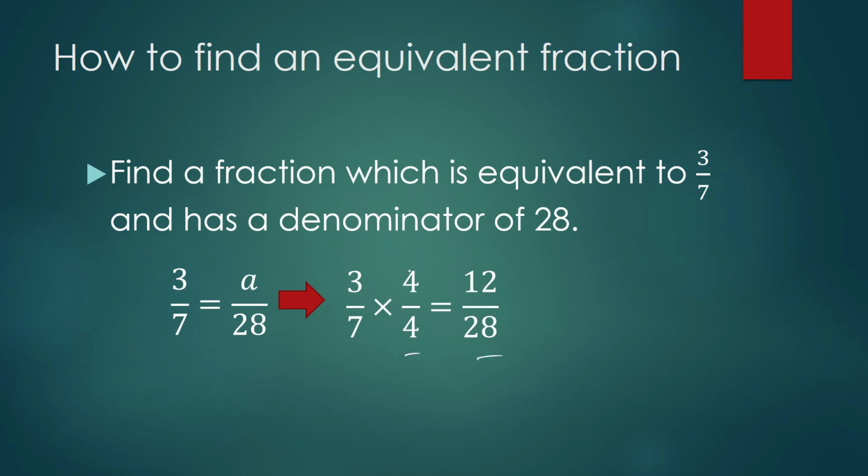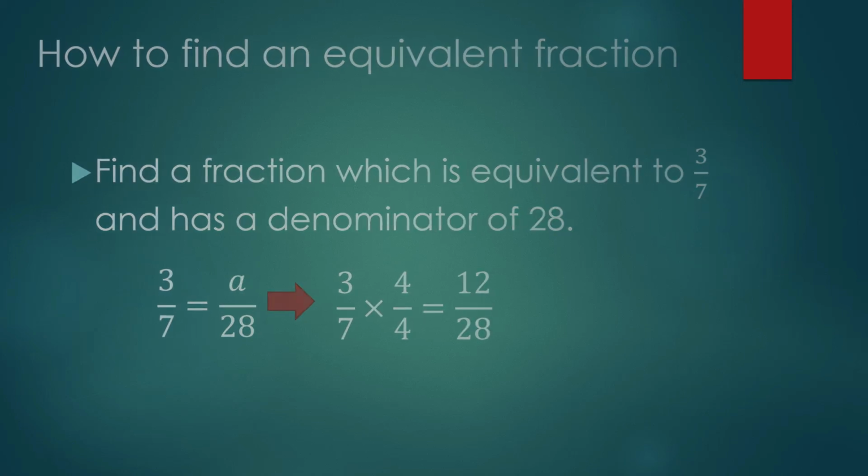So you will multiply 3 over 7 by 4 over 4. 4 over 4 is just 1. And so multiplying it to 3 over 7 does not change the value of 3 over 7. It will change only in appearance. So 3 times 4 is 12, and 7 times 4 is 28. So 3 over 7 and 12 over 28 are equivalent fractions.